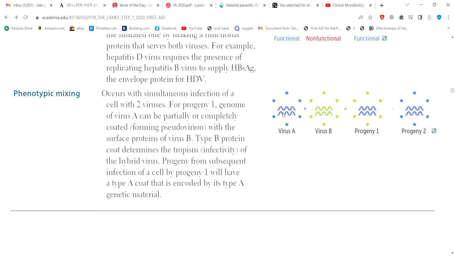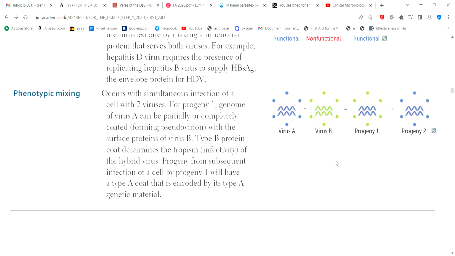You see that in progeny 1, the blue stuff can be completely coded with the proteins of virus B. So the blue is coded by the green. Virus A's DNA is on the inside and the coding of B is on the outside.